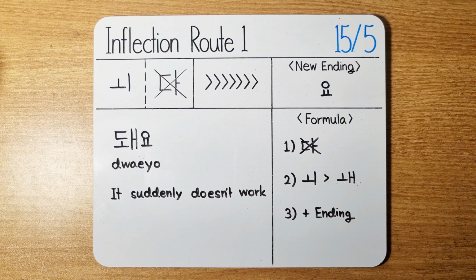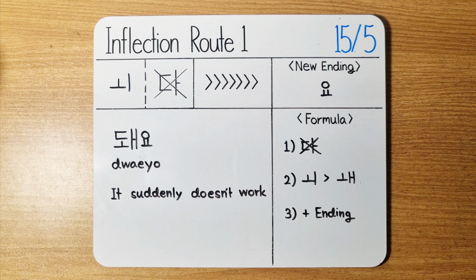Well, a typical reason why I would omit, in other words, erase, a grammatical component from a sentence is when that grammatical component is too obvious according to the context. So let's say the context is, my friend asks me, hey, what is wrong with your phone? And I'm going to answer by saying, it suddenly doesn't work.